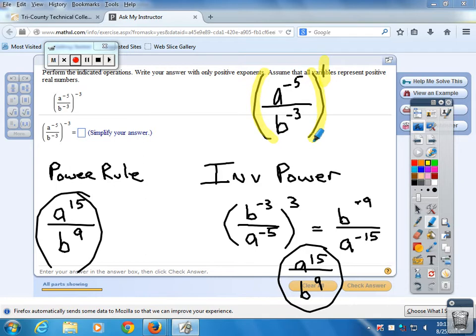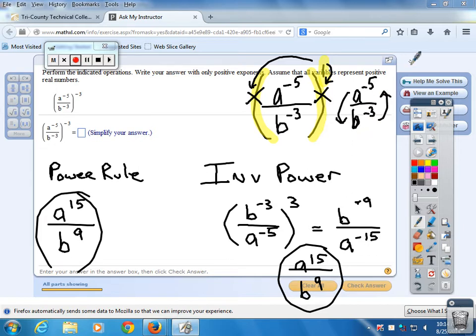No. So you take your handy dandy marker and erase those, and that causes you not to need these. And then you would get, and I'll go through the proof in just a minute, just A to the -5th over B to the -3rd, and then you just flip them, and you get B to the 3rd over A to the 5th. And that is fine.